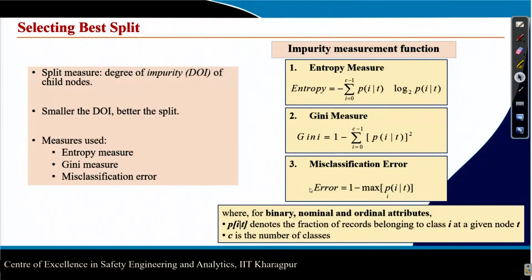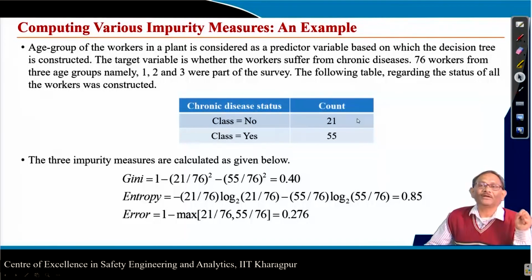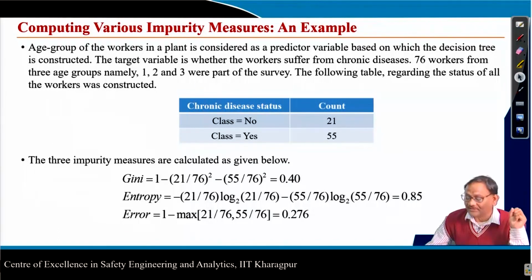With this, I can show you one example of how things are calculated. Here we are talking about the age group of workers. Suppose there are three age groups: young, middle aged and old. Suppose the age group of the workers in a plant is considered as a predictor variable based on which the decision tree is constructed.